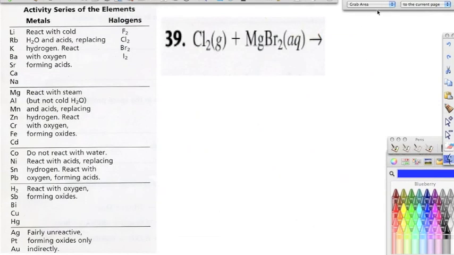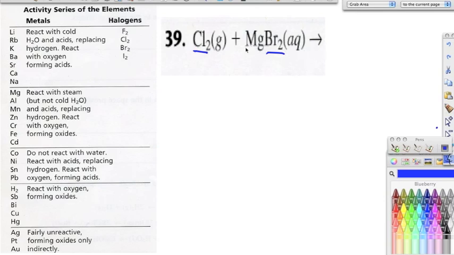Okay, moving on to 39. So here we're looking and seeing if the reaction can happen, and if it can, write it out. So in dealing with this, we see that we have chlorine and magnesium bromide. So chlorine, since it's a nonmetal, is going to try to replace bromine. And since chlorine is above bromine on the activity series, it will happen.